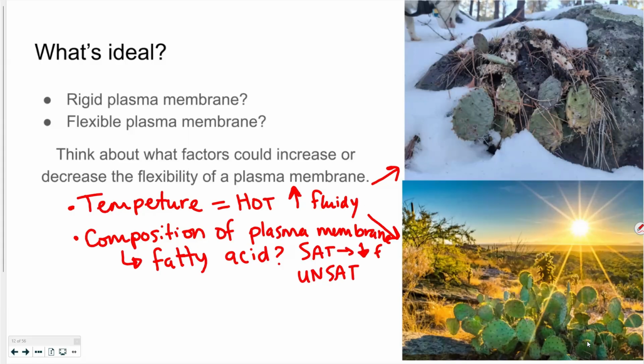Saturated is going to decrease your fluidity, so you're going to become more rigid. Unsaturated is going to increase your fluidity. Remember that saturated fats can pack together. Think about butter versus oil. Unsaturated fats don't pack tight, just like your olive oil being liquid at room temperature. They're going to be more fluid.